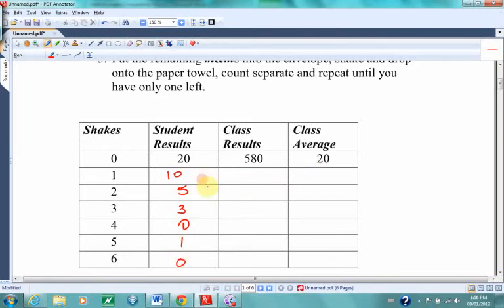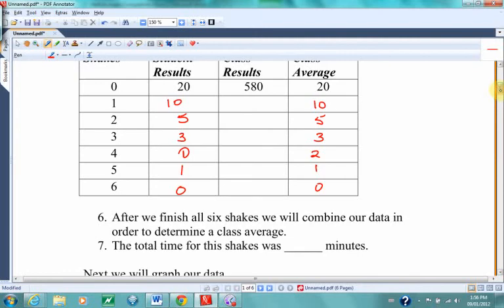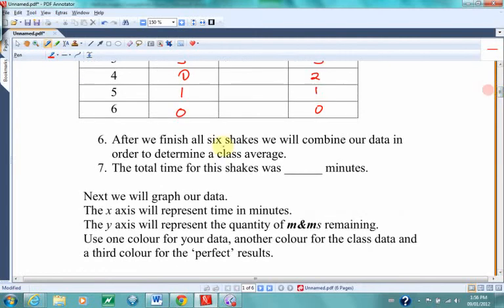And let's put the class average in there, and we're going to say it's 10, 5, 3, 2, 1, 0. Okay, now let's plot that. We took 6 shakes and it took 6 minutes, so that's 1 minute per shake.